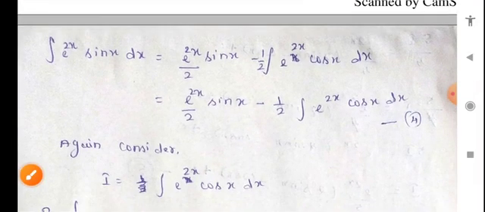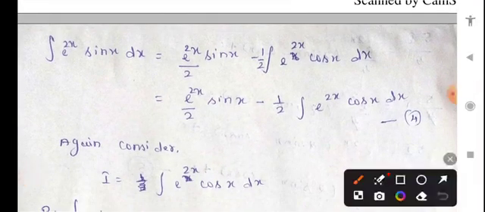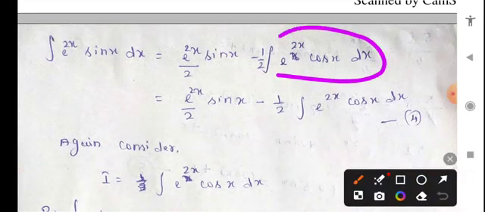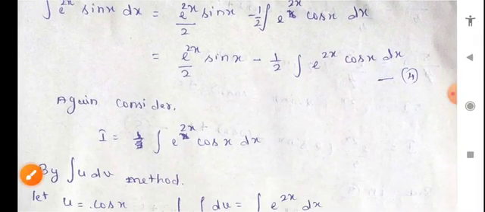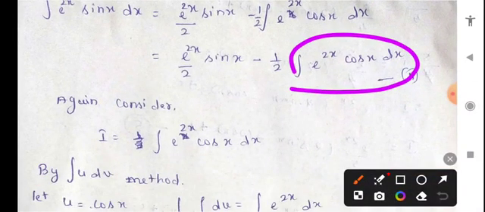Now again, when we find this answer, it will be in the form of integral u dv, because both terms are present as a product. So again we have to apply the formula. Consider the integral over e power 2x cos x dx.